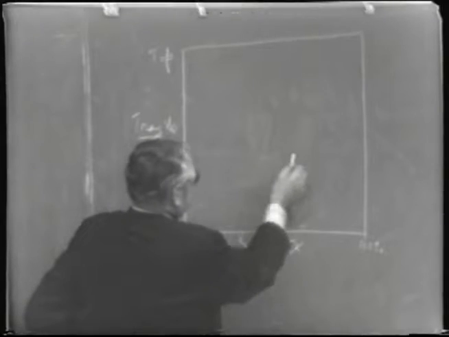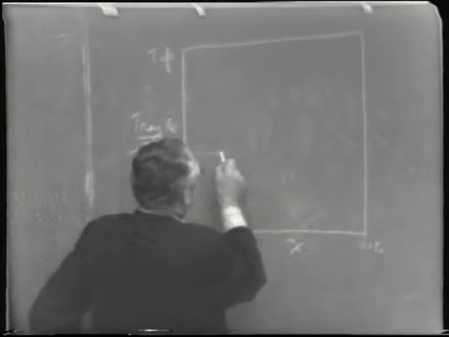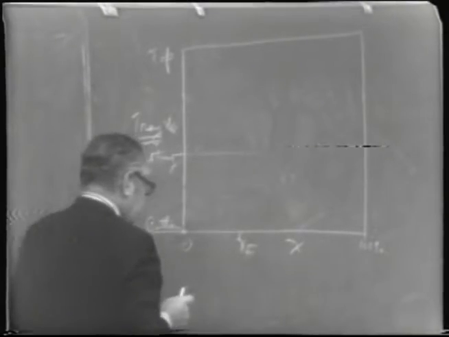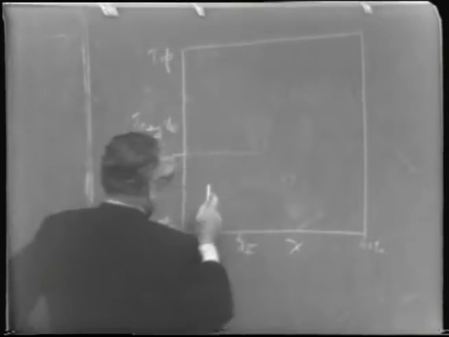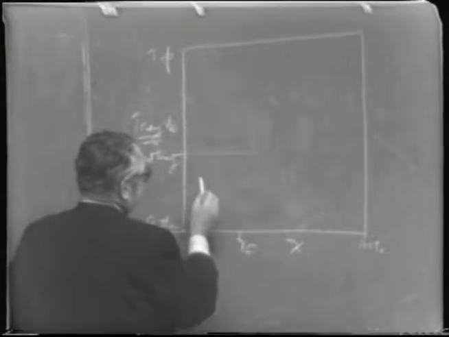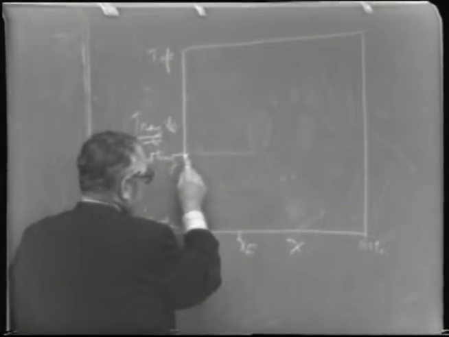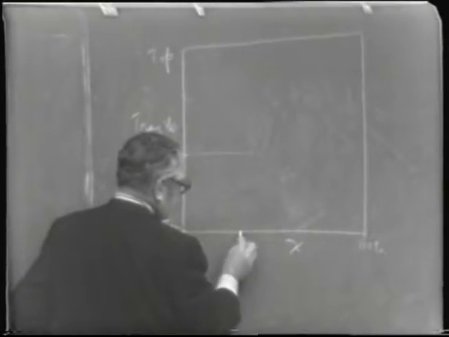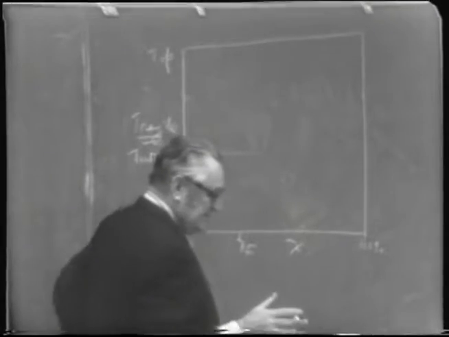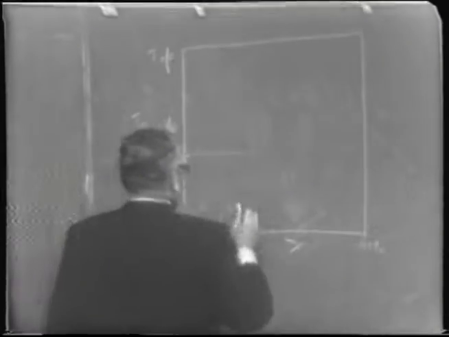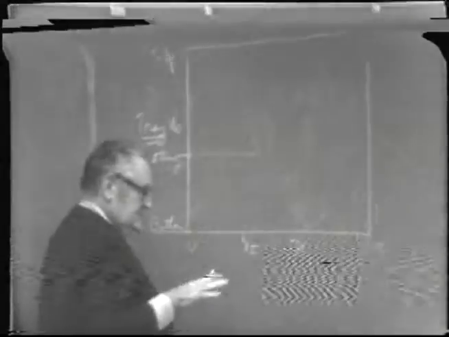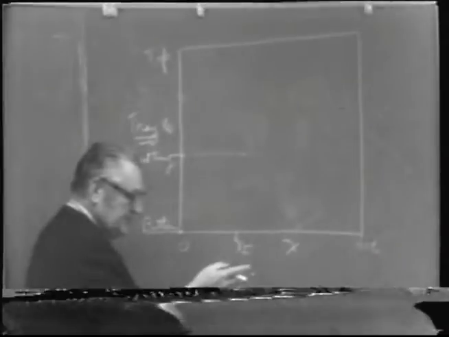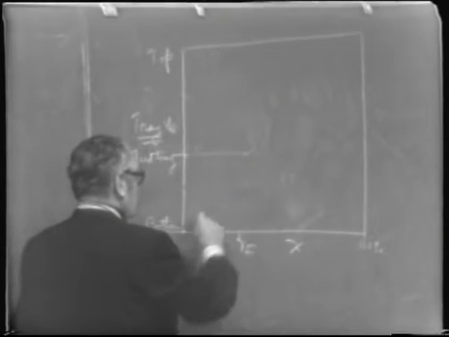Now, if we're operating a column in the ideal manner, in which the feed liquid on the feed tray is the same as the feed composition entering on the tray, we will have a distribution of alcohol or the volatile component from bottom to top.